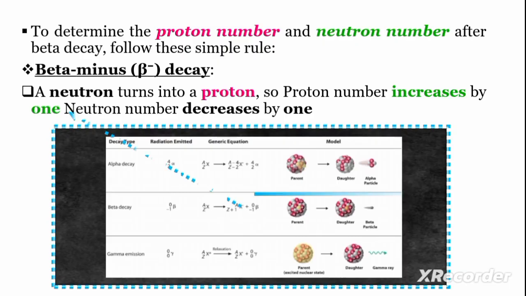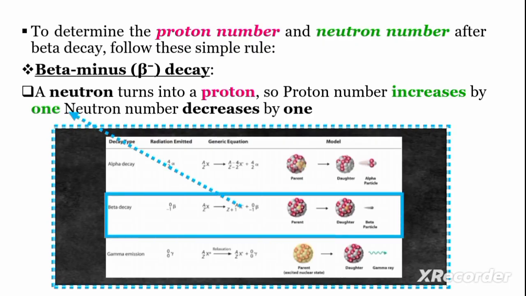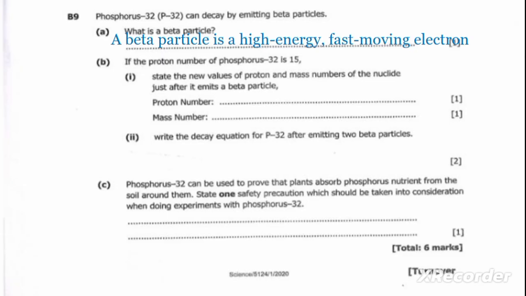We are going to apply this formula, which is here. X is the element, Z is representing the proton number, A is representing the mass number. Here we have the proton number plus 1, which shows that there is an increase in the number of protons. The mass number has been maintained.